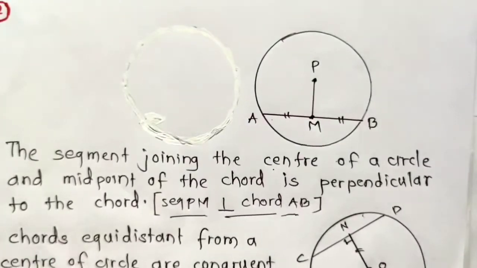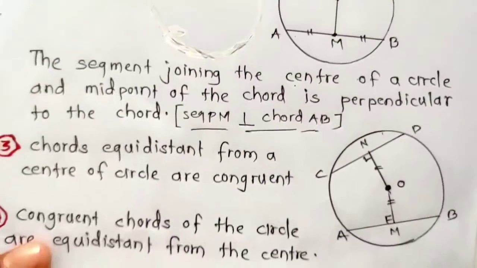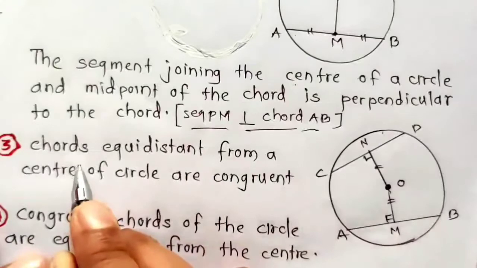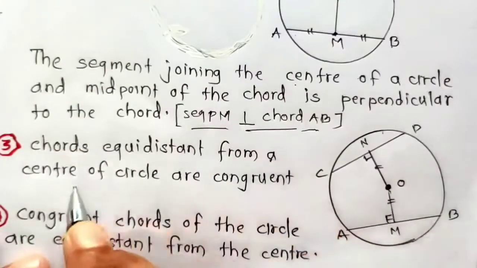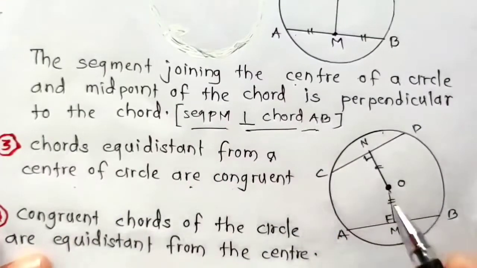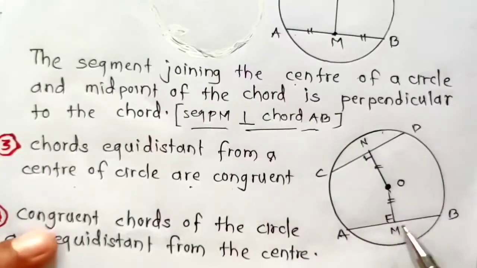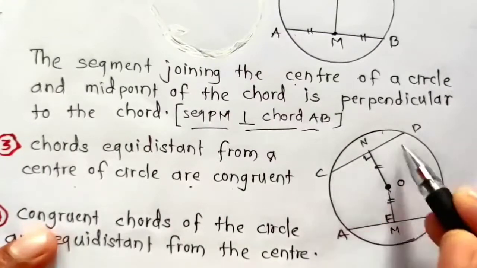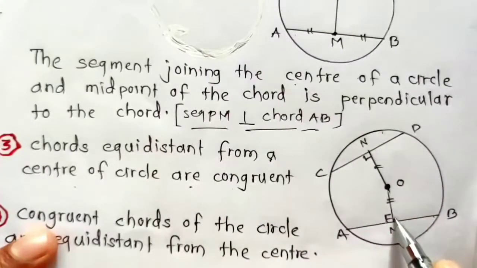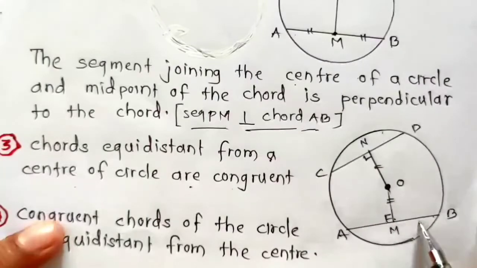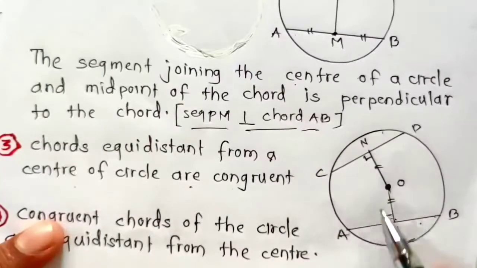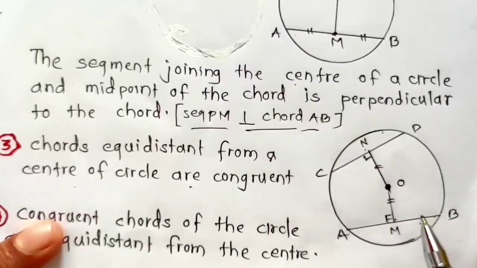Now the third property: chords equidistant from the center of a circle are congruent. Here two chords are given, chord AB and chord CD. OM is the distance of chord AB from the center and ON is the distance of chord CD from the center.